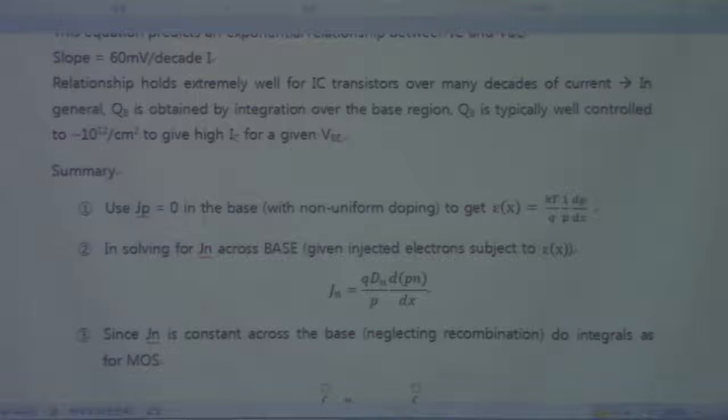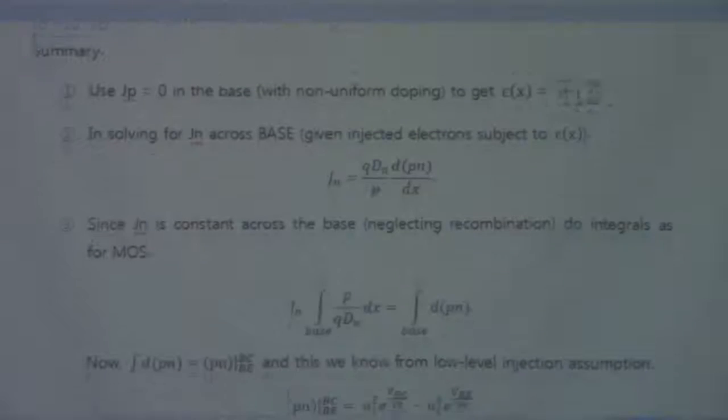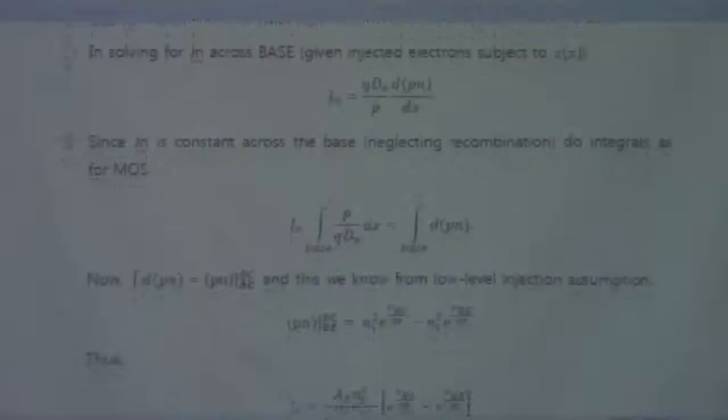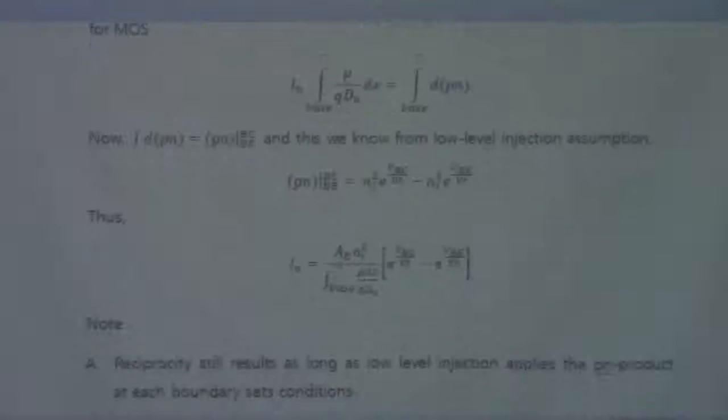The current is minimal, so we can get the electric field existing between emitter and base, and then with that electric field we apply this equation to get the electron current, which has to be injected into the base and collected at the collector. Then we end up with this equation, which is simple.